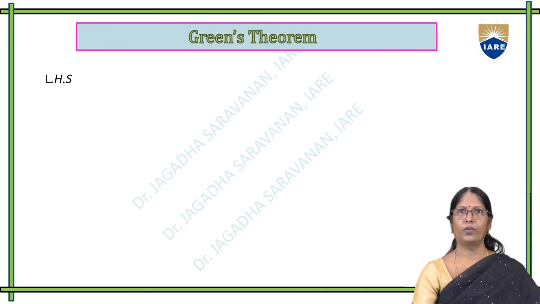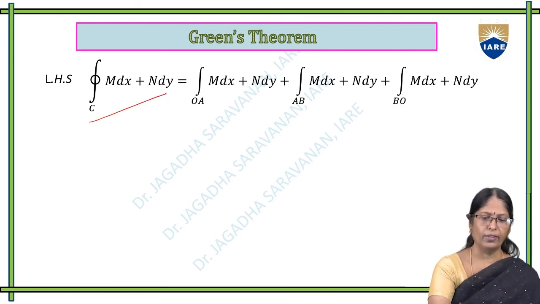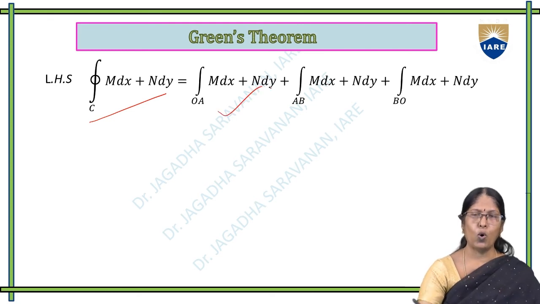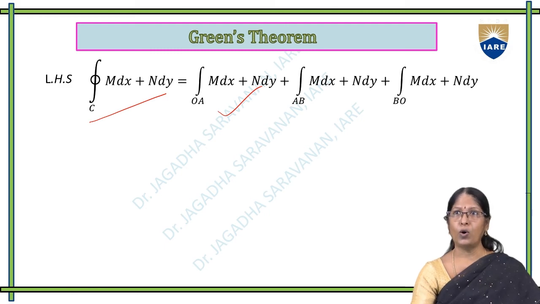Now, the left hand side: the formula is the integral over C of M dx plus N dy, which is equal to the integral over OA of M dx plus N dy, plus the integral over AB of M dx plus N dy, plus the integral over BO of M dx plus N dy.